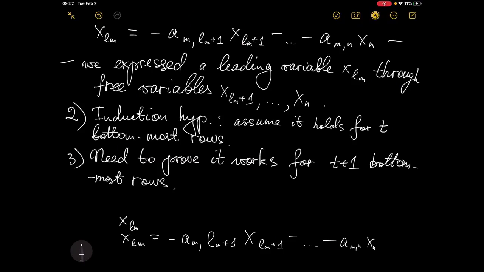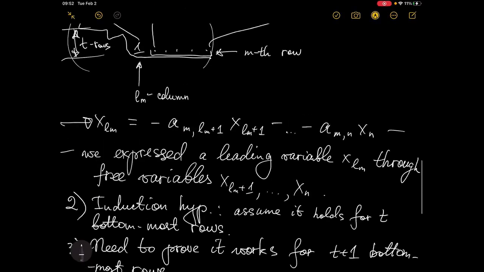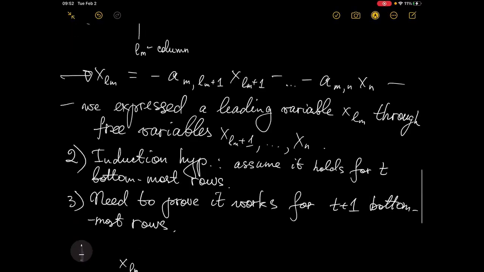Hey, Professor. Yes, go ahead. Is that t bottommost rows starting from the bottom going up t? Yes, yes. Okay, just trying to make sure it was going up. Starting from here, essentially, this is the bottommost row, right? Non-trivial. Of course, I'm looking only for non-trivial. Okay, bottommost non-trivial rows.